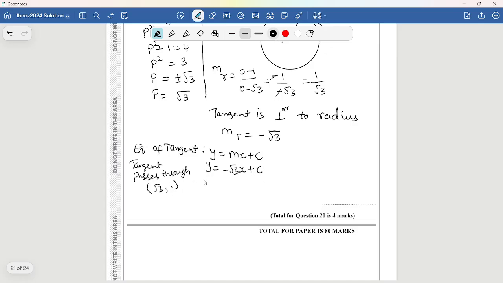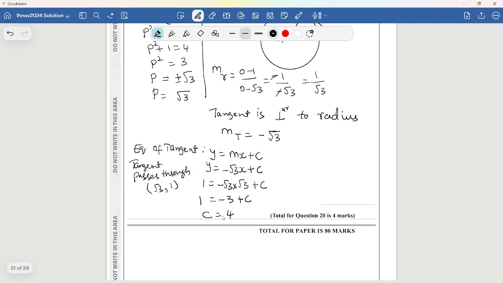So y here is 1. 1 is negative root 3 times x, which is again root 3, plus c. Root 3 times root 3 is root 3 squared, which makes it just 3. So this is negative 3, and 1 plus c. So the value of c is 1 plus 3, that is 4.